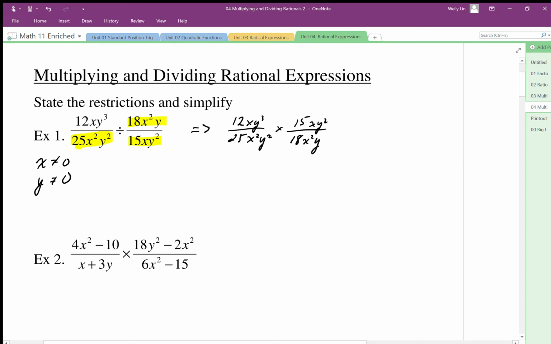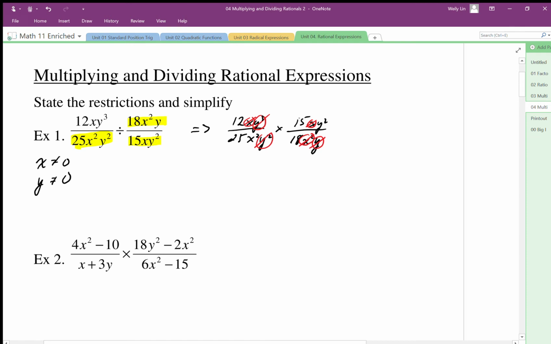And we can just cancel out any common factors. So here I have x squared. So x and x here, these two x's, I'll cancel those out with this one x squared here. I've got y squared y, which will cancel out with this one y cubed.